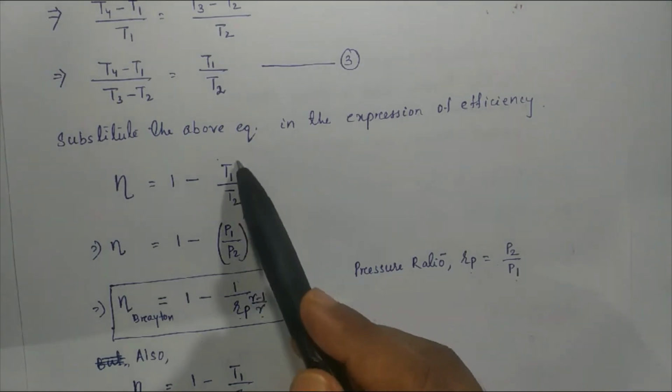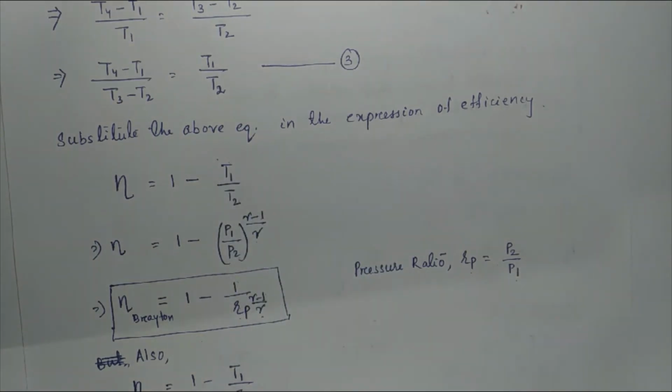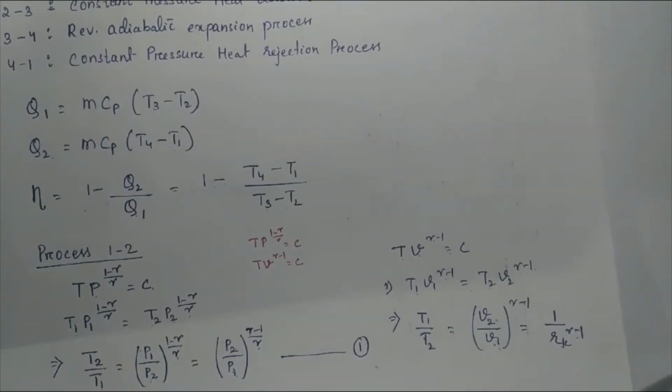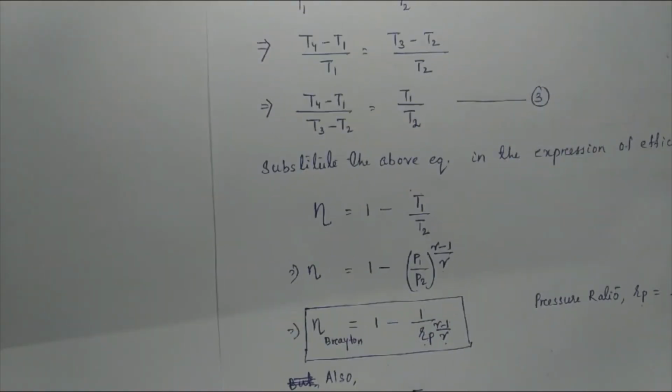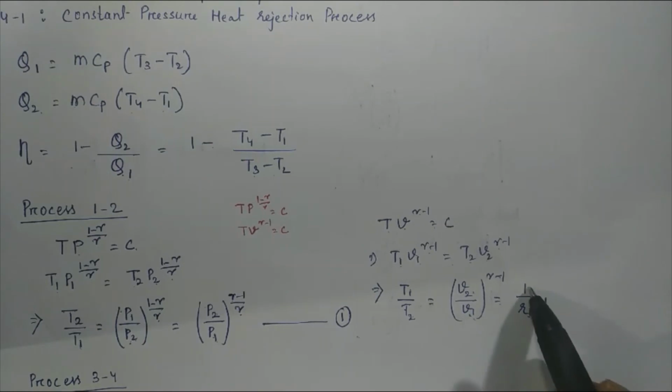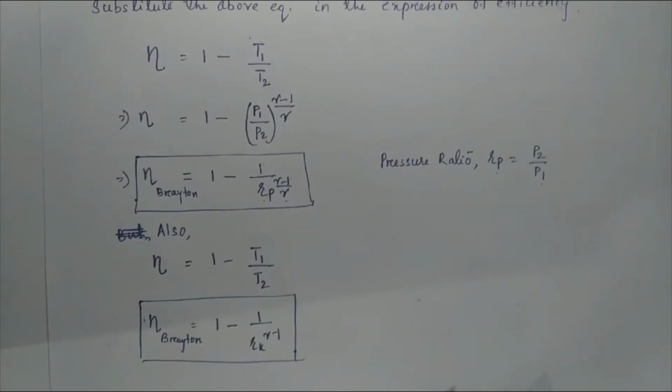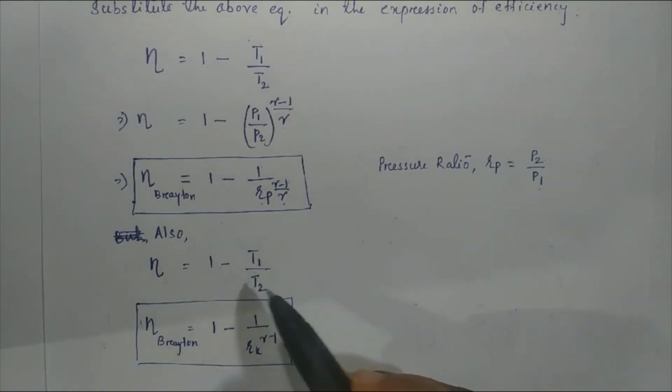T1 by T2 is also 1 by Rk to the power (gamma minus 1), so we can substitute this value as well.